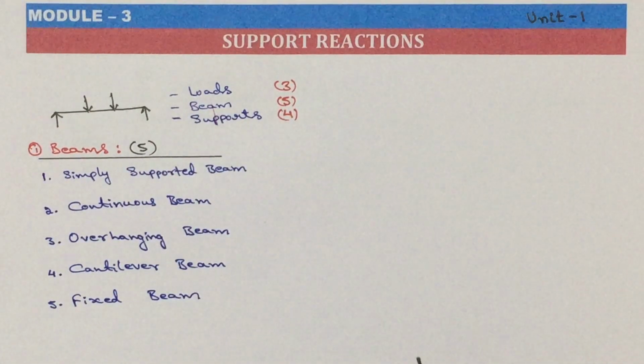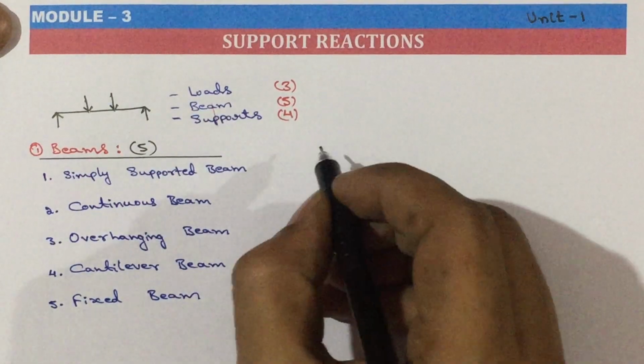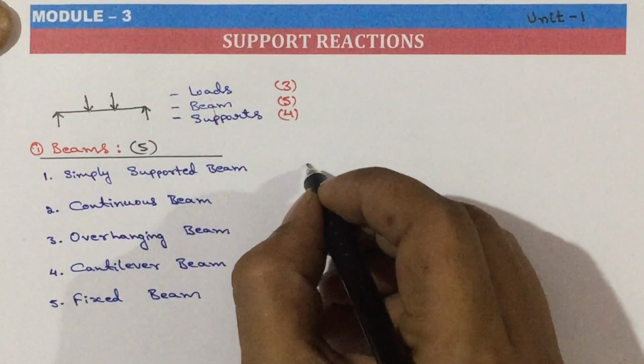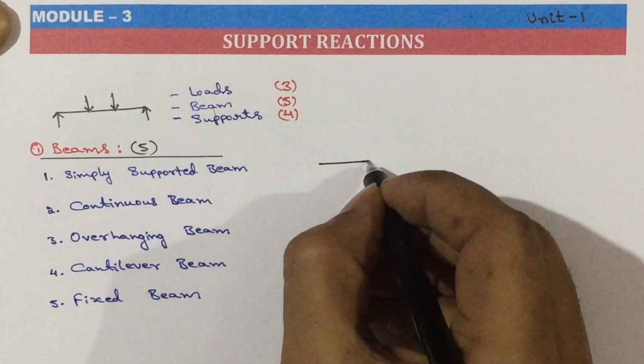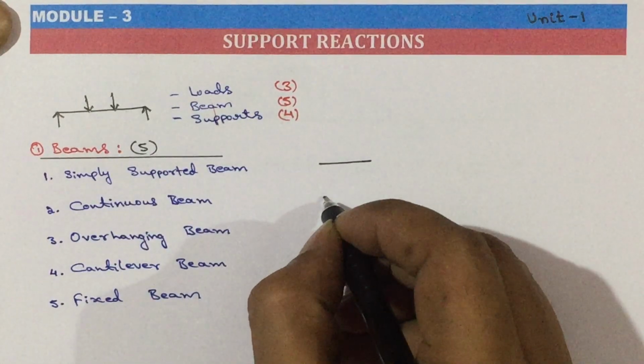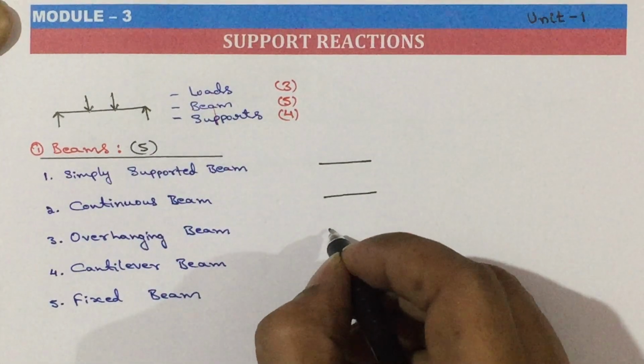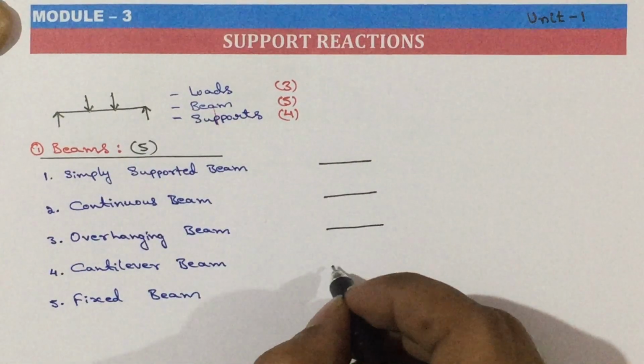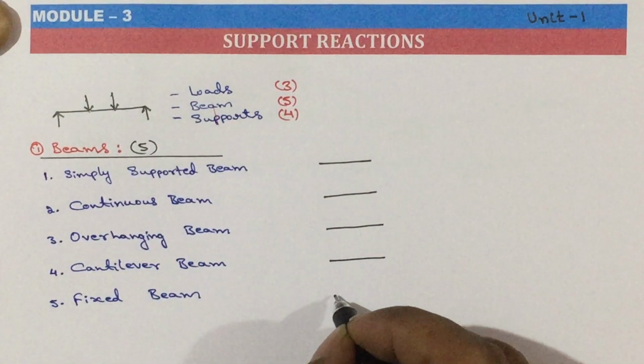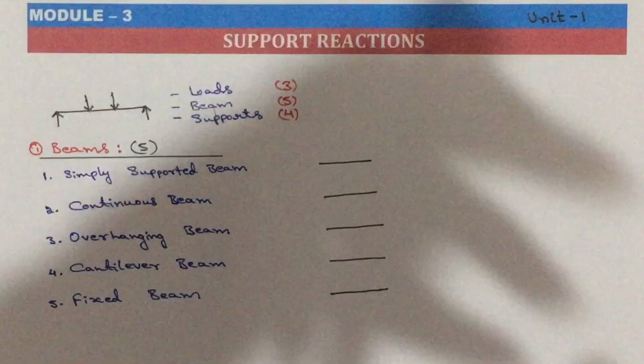Now let us look into that one by one. Beam is nothing but a horizontal line. So I am going to write 5 horizontal lines here: 1, 2, 3, 4 and 5.